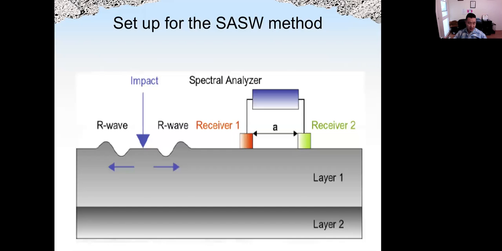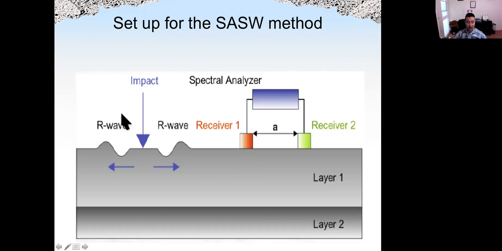It's called SASW, spectral analysis of surface waves. For the setup of the SASW method, we have an impact point. We also have analyzers, and we could have multiple; in this case, we have two receivers, 1 and 2, with a certain distance between them.